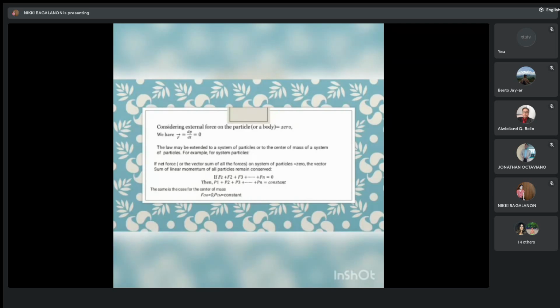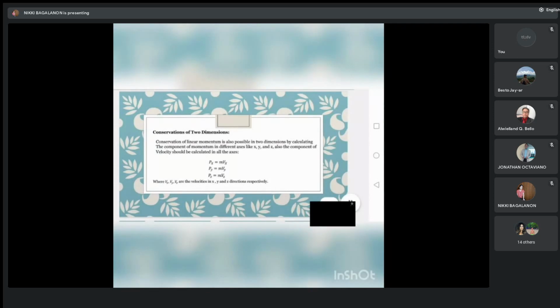If F1 + F2 + F3 + and so on + Fn = 0, then P1 + P2 + P3 + and so on + Pn = constant. The same is the case for the center of mass: Fcm = 0, Pcm = constant.